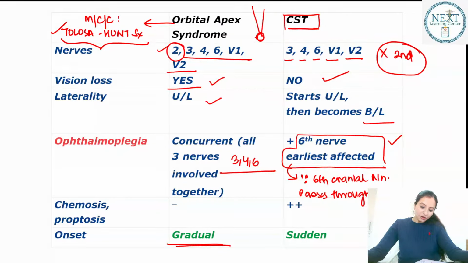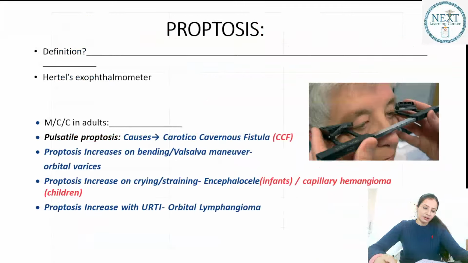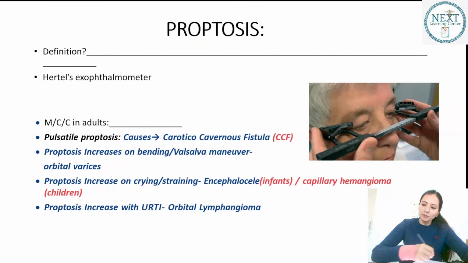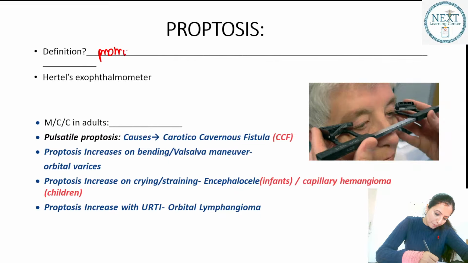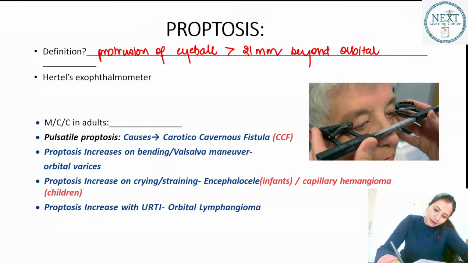Okay, so if we talk about chemosis and proptosis, yes, it is there in cavernous sinus thrombosis, and cavernous sinus thrombosis is sudden in onset. Now talking about proptosis, proptosis is the protrusion of eyeball that is more than 21 mm beyond the orbital rim.